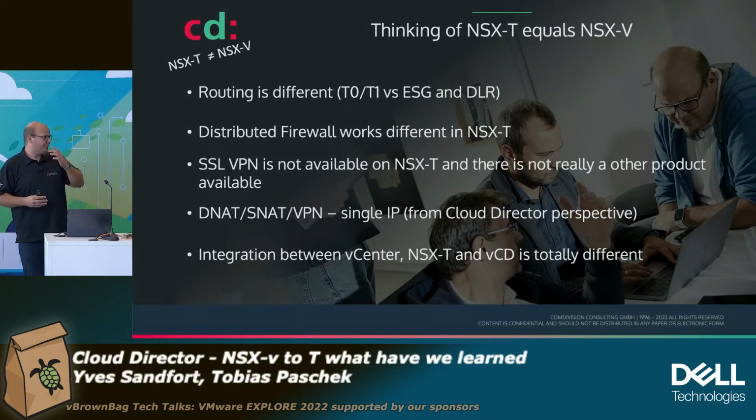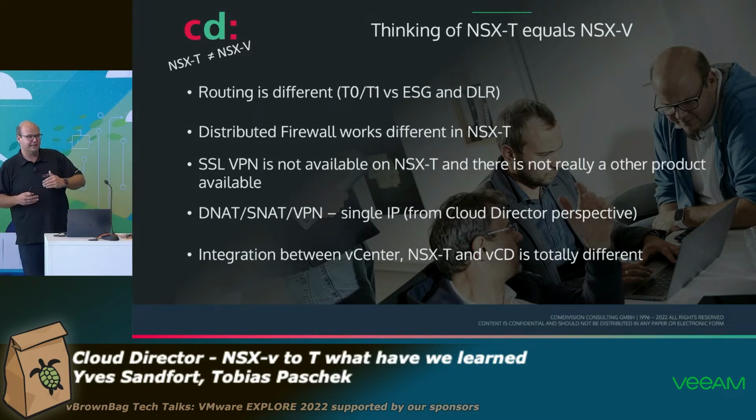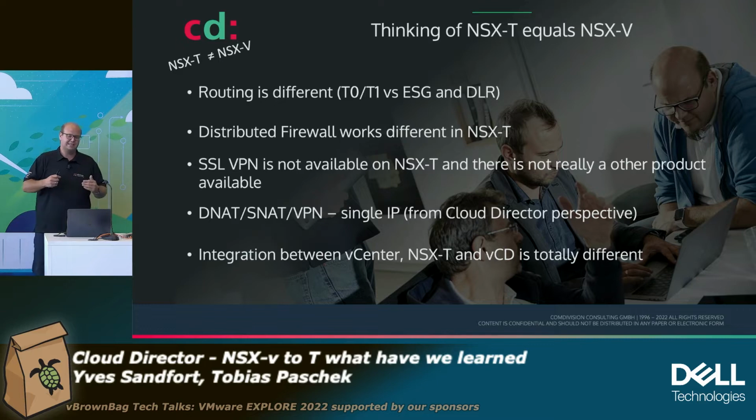Also, what is really important to know is that the distributed firewall works differently in NSX-T than it was working in NSX-v. For example, in NSX-v, we had the capability of having the distributed firewall also filtering traffic between 2 virtual machines connected on different segments. This is not possible in NSX-T. This was not possible in NSX-v.